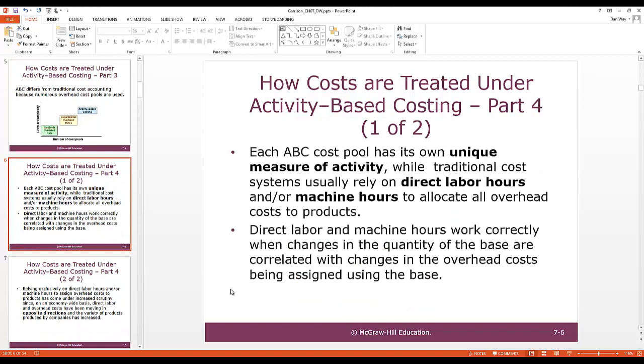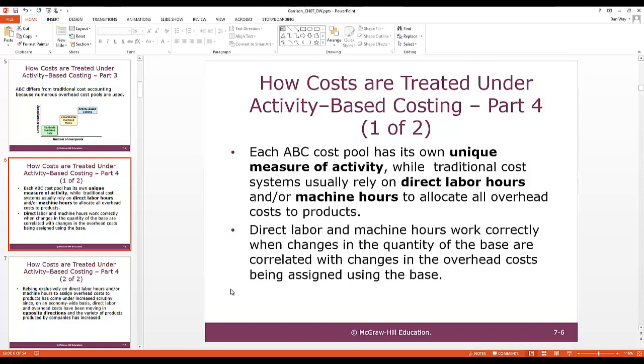So each ABC cost pool has its own measure of activity, while our traditional cost systems tended to rely on either the direct labor hour measures or the machine hours to allocate all of those overhead costs to products. So we still may use labor hours or machine hours for individual activities in our ABC system, but we're also going to use different measures at different levels.